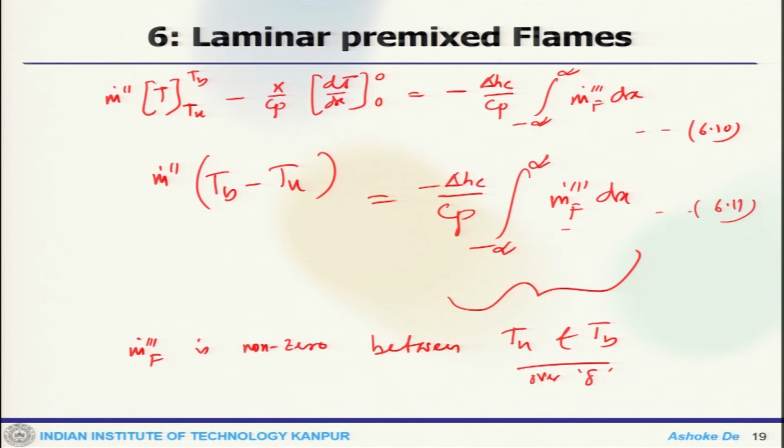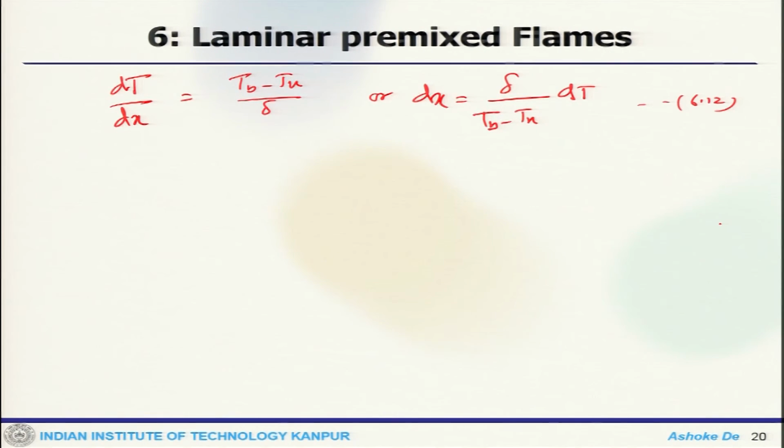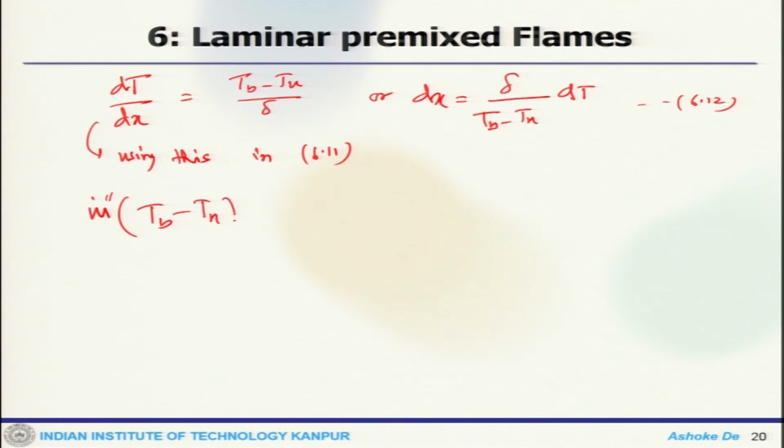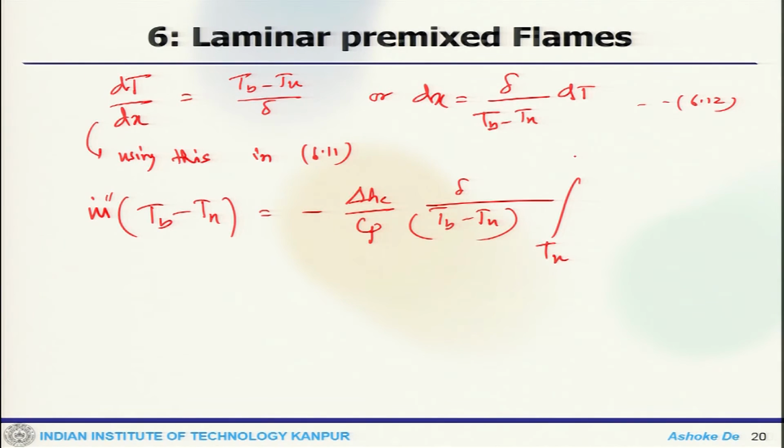Now, if we use this in 6.11, what do we get? We get m dot (Tb minus Tu) equals delta times the reaction rate, delta by (Tb minus Tu), integrated from Tu to Tb dT. So, we switch the limit of integration from the spatial coordinate to the temperature coordinate.